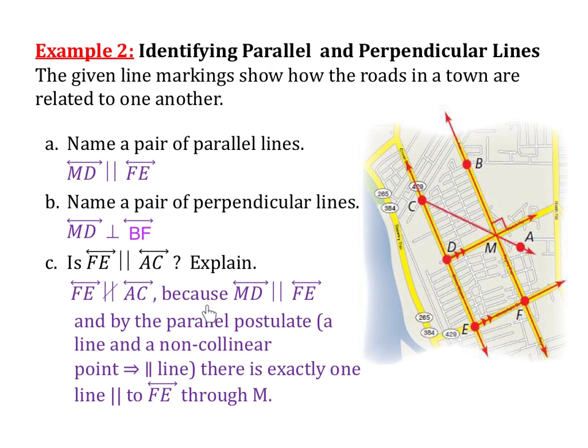Here's the reason. Because line MD is parallel to line FE. We stated that earlier. And so by the parallel postulate, since it's new, a line and a non-collinear point implies a parallel line. There's exactly one line parallel to line FE through point M.